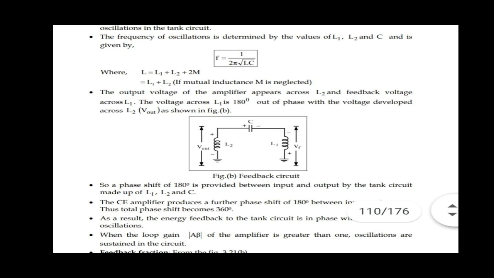Now the circuit operation: when the power supply is switched on, what will happen? The transistor starts conducting, that is, the amplifier starts conducting, and the collector current increases, because as the base current increases, the collector current also increases.